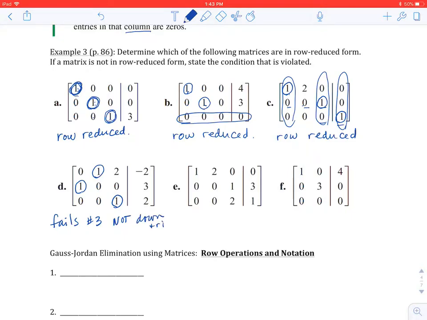And it also fails number 4, because if we look at this right here, we've got a leading 1 and the rest of the column is not zeros. That does not satisfy number 4. So there are 2 problems for that. It is not reduced.